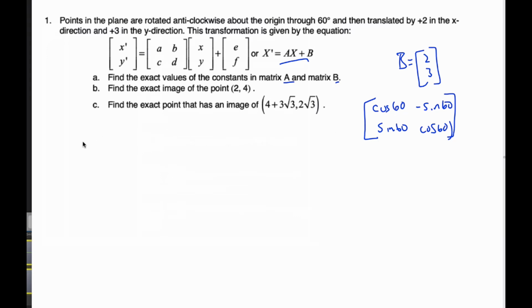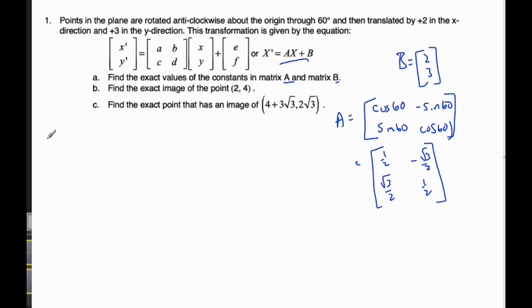And so if I do the computation there, I can say that A will be 1/2, minus √3/2, √3/2 and 1/2. I have these values memorized. You can use your calculator, but if you memorize them, it'll be really quick for a lot of things in your future world.